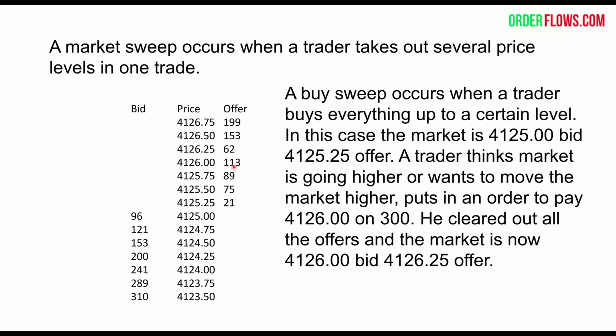I'll just put in my order, 41.26 to buy 300. It's going to leave me 200 left over, but I'm happy with that because I know my buying is probably going to trigger off people watching the dome, thinking, price just jumped, I've got to start buying the 6 1/4s, the 6 1/2s, because now I've bought 300 up to 26.